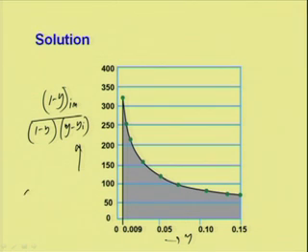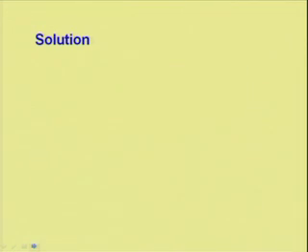So, the area under the curve is equal to 18.05. So, NTG is equal to 18.05.